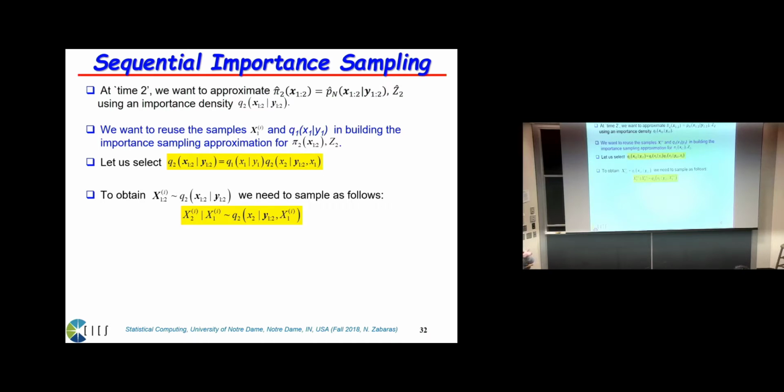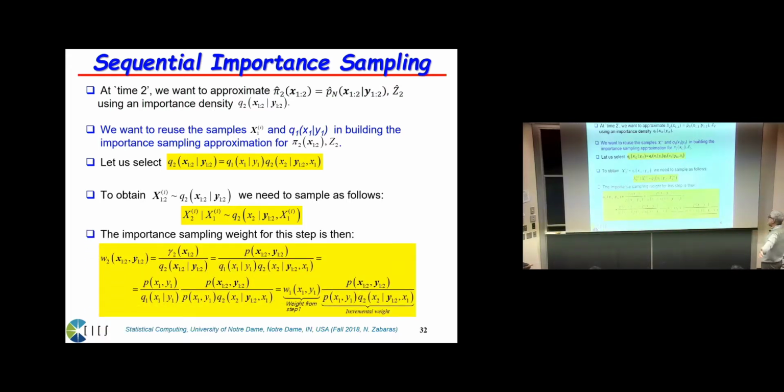Literally, that's why these methods are called particle methods: you are here, now you are there. I will show you this with little movies, if not today, on Thursday. So we move x1i to x2i.